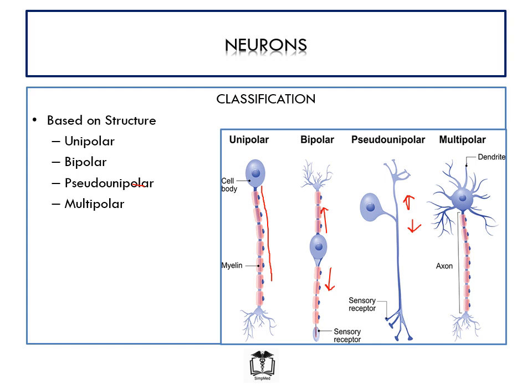A multipolar neuron has multiple processes emerging from different poles. We have multiple dendrites, and then a single axon as the singular process at the extreme pole. That's the multipolar neuron in terms of how it looks structurally.